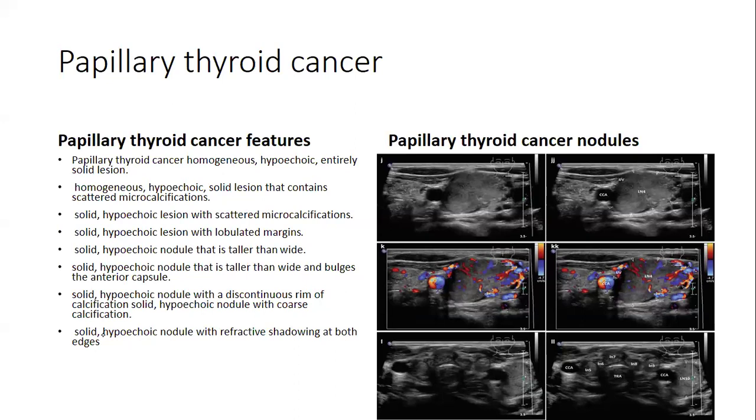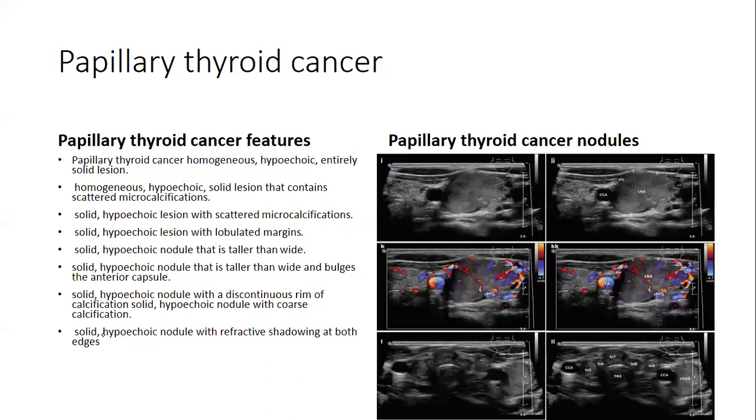Now, you look at this sonographically, and you can have a nodule which is homogeneous, hypoechoic, entirely solid. But you can also have a homogeneous hypoechoic solid region that contains scattered microcalcifications. I talked about this.